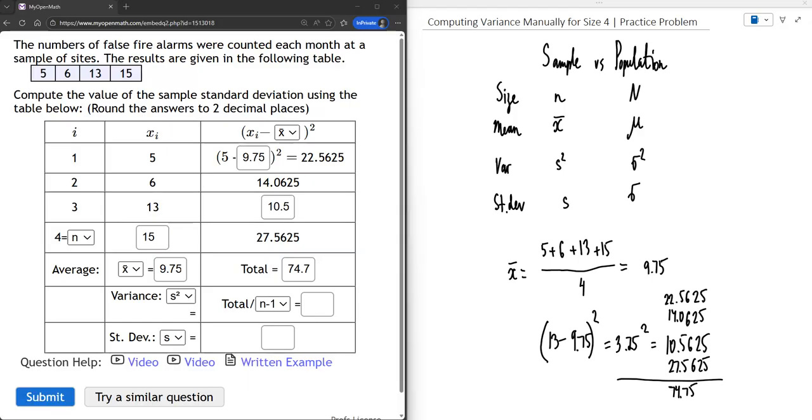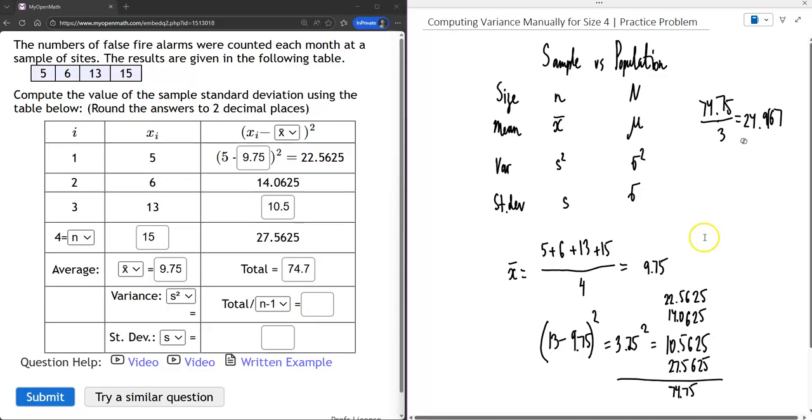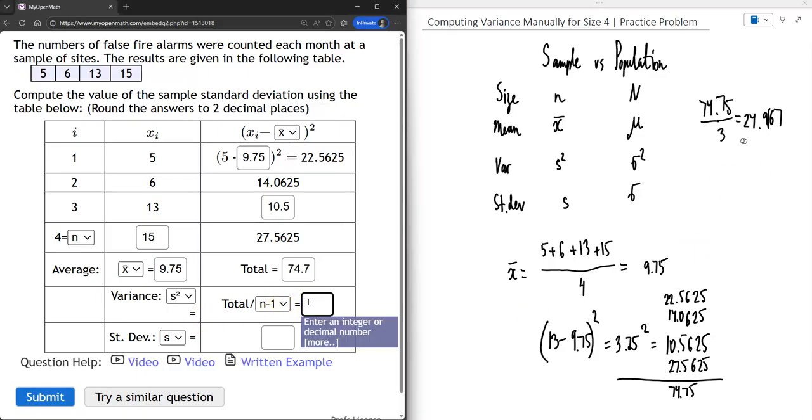And after you divide that by 3, what's 74.75 divided by 3? According to my calculations, it's 24.916. I forgot the one. 24.9167.